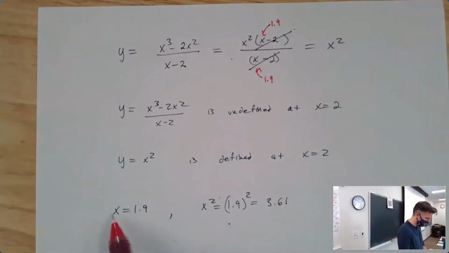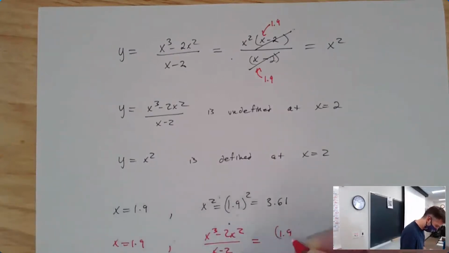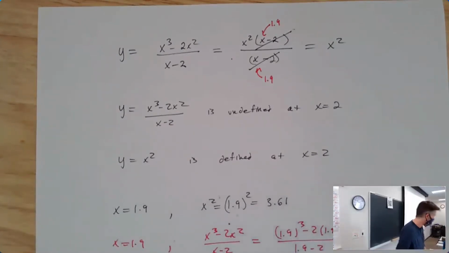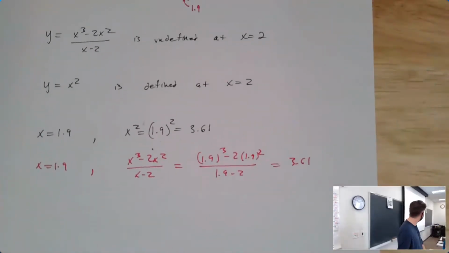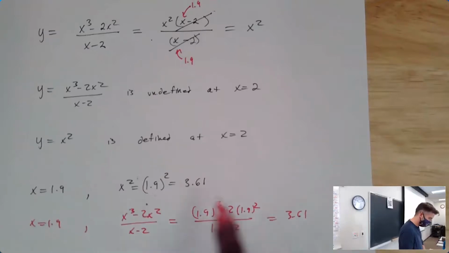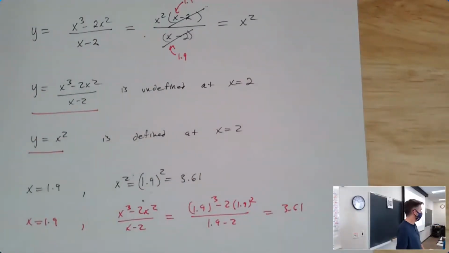So whether you're plugging in 1.9 to x squared or plugging in 1.9 to this other gross thing, x cubed minus 2x squared over x minus 2, it's still going to equal the same thing. So here's the real point. This function and this function are the same everywhere except at 2.